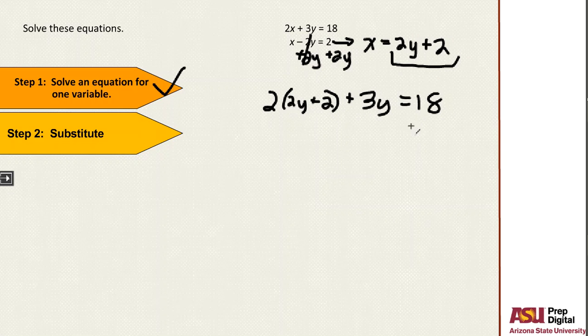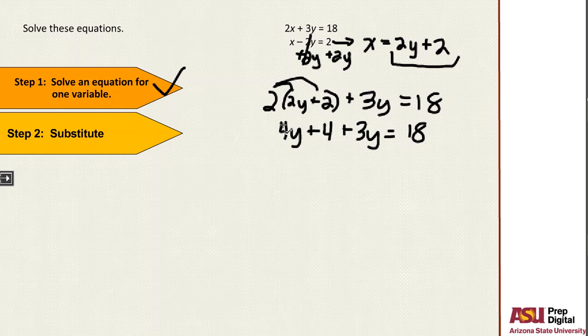And now I have this long equation, and it's a little bit long and overwhelming right now, but we can simplify and solve for our y value. That's our goal. First, I'm going to distribute, and I get 4y plus 4 plus 3y is equal to 18.